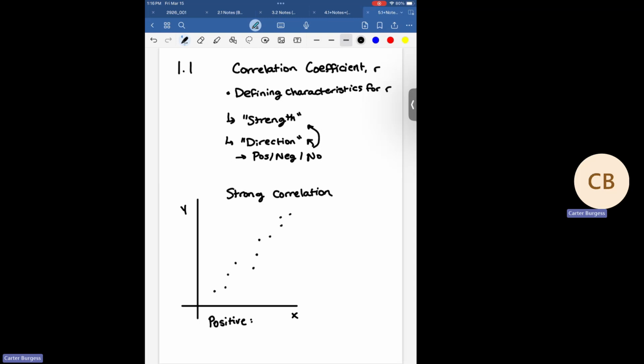Which is just a linguistic way to describe that big X should happen around when big Y happens, and small X should mean that I have small Y. In general, the larger my X value, the larger my Y value.